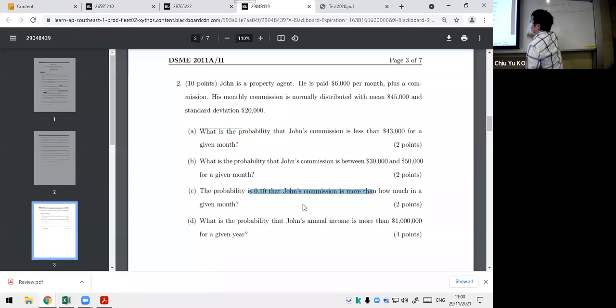So the last part is a little bit tricky, I guess. What is the probability that income is more than $1 million? But the only tricky part is because of several things.